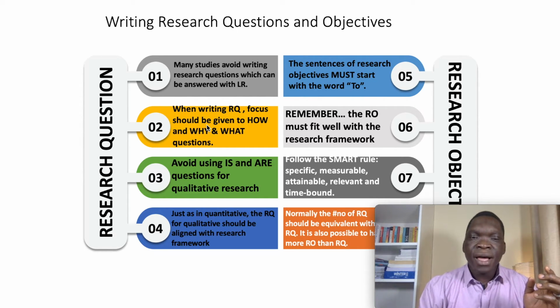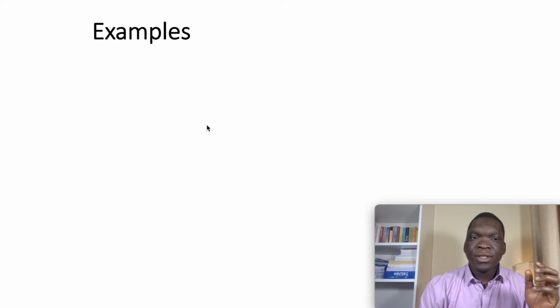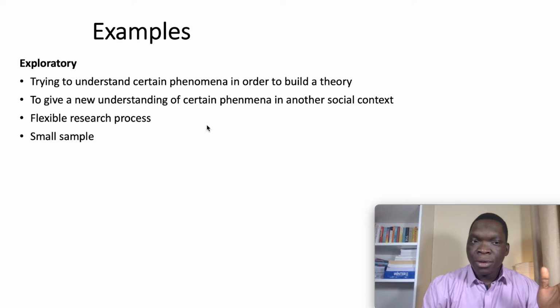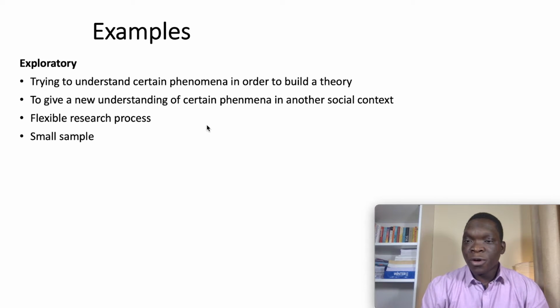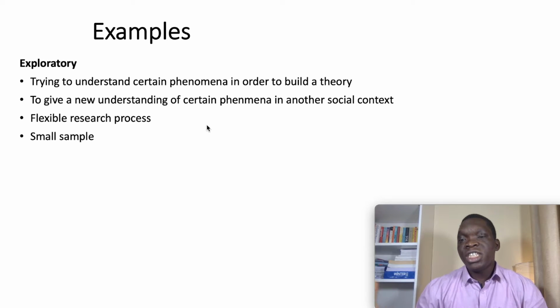And I have some examples to share more light on this. So I divided these examples into four types depending on the purpose of research. So say for example your research is an exploratory study. Remember I said that an exploratory study tends to understand phenomena in order to build theory.